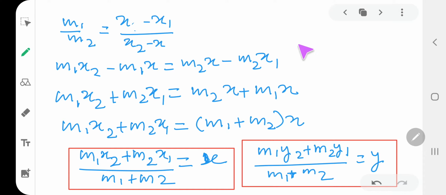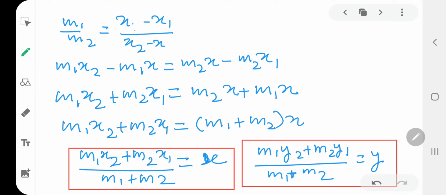That formula is also derived from the same. m1 by m2 is given to you by x minus x1 upon x2 minus x. This you have learned just now. Just cross multiply it, and you will get m1 x2 minus m1 x is equal to m2 x minus m2 x1.